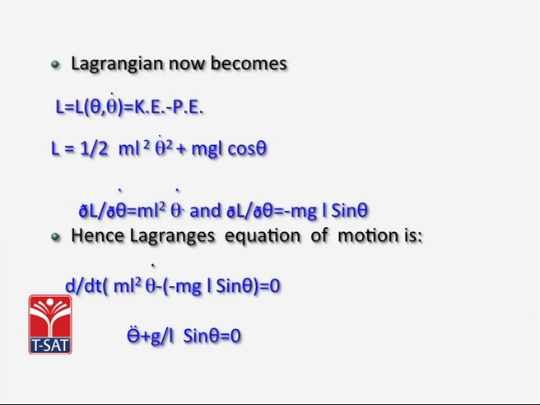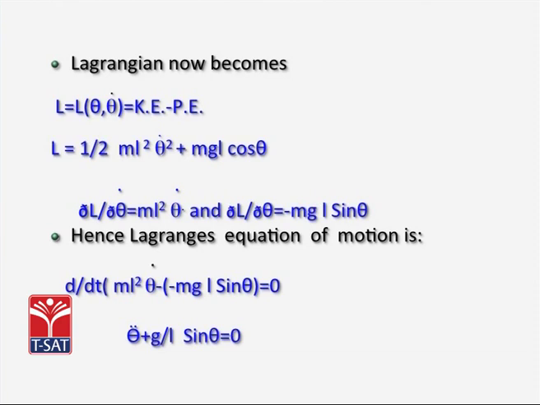The Lagrangian now becomes L, a function of theta and theta dot, because it depends on theta and the variation of theta with time, and it is equal to kinetic energy minus potential energy. So, L is equal to half m L square theta dot square plus m g L cos theta. Dou L by dou theta dot is equal to m L square theta dot, and dou L by dou theta is equal to minus m g L sin theta.